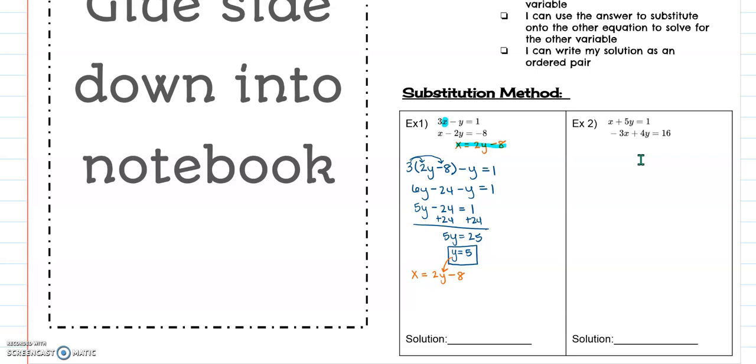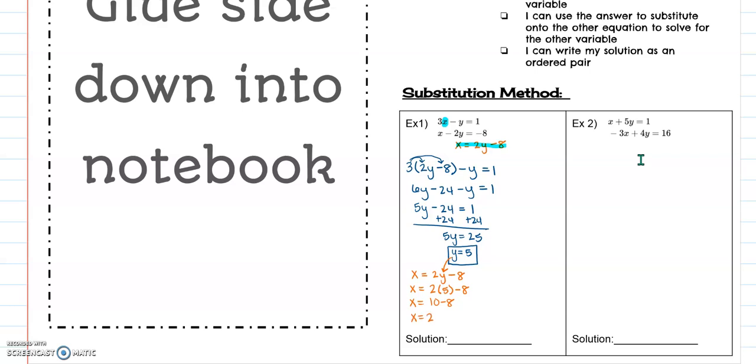So x equals 2 times 5 minus 8, which gives me 10 minus 8, which is x equals 2. So I have my x variable now, and I have my y variable.